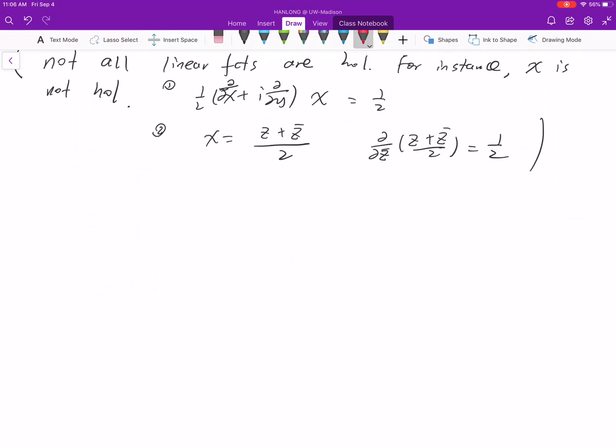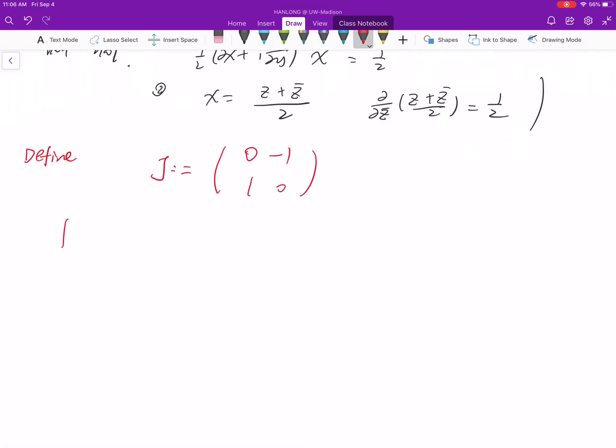And if we introduce a symplectic matrix J, (0, negative 1; 1, 0), then, assuming f is a linear function, f is holomorphic if and only if T commutes with J: TJ equals JT.